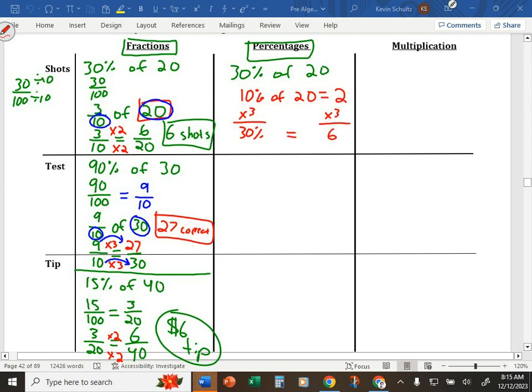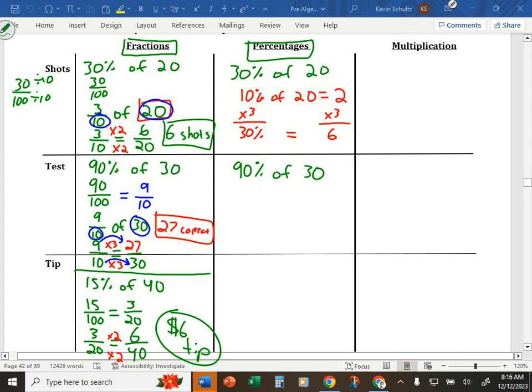So 30% equals 6. Same answer that we got over here. This is more of a mental way to do it, because if you think about 30% of 20, you can then think mentally, what's 10%? Well, that's 2. I need 3 of those. 2 times 3 is 6. No calculator required. And the next one, we're looking for what is 90% of 30.